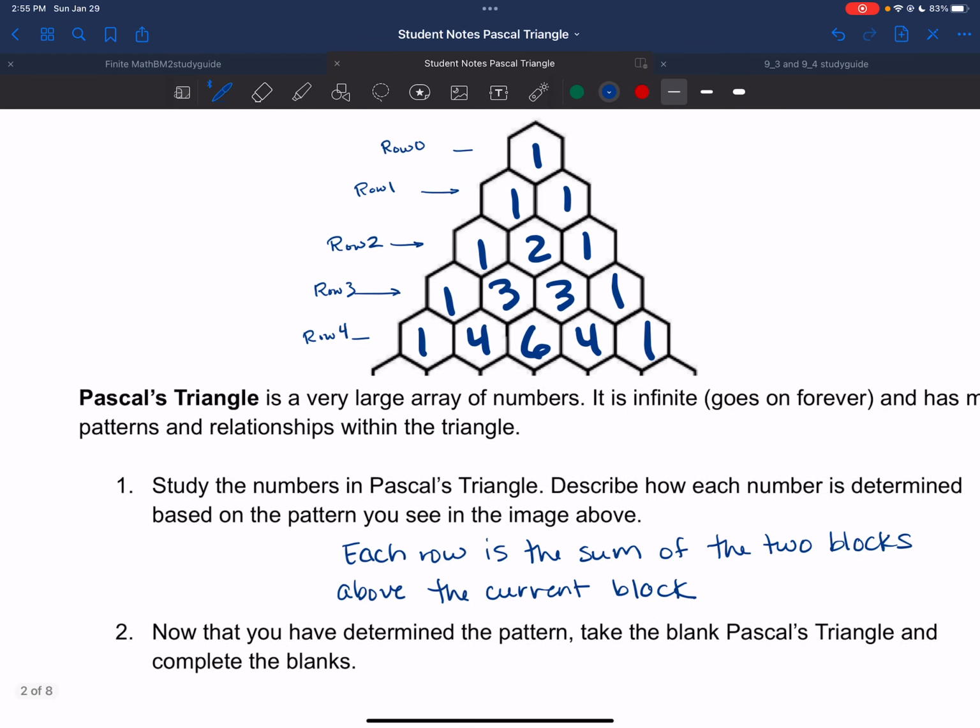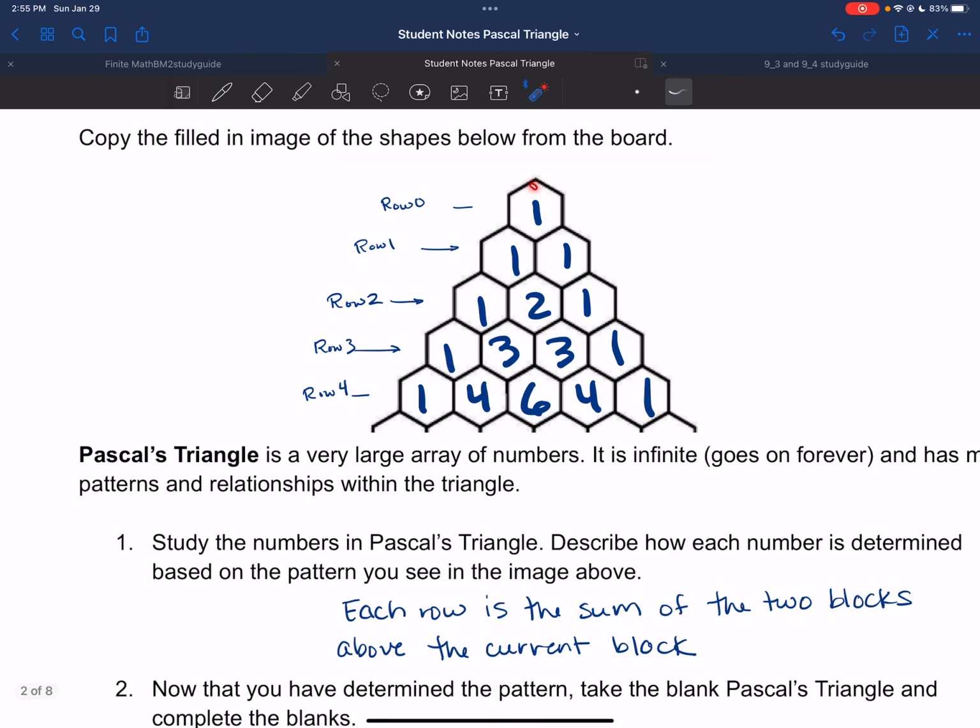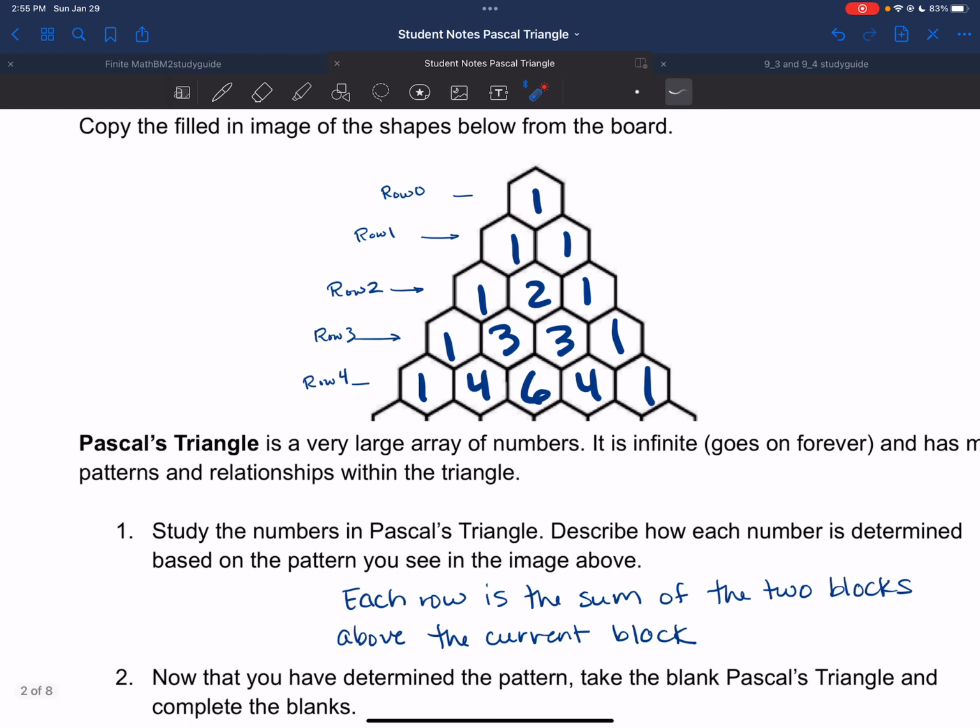Okay, so if we take a look here, this is 1 because we started at 1, but this is 1 because there's just one block above it, and that value is 1, so that just carries down. Likewise, this whole entire row, and then this diagonal as well.